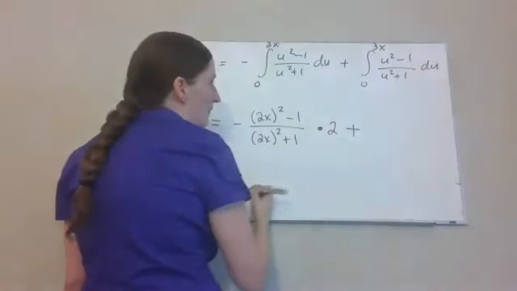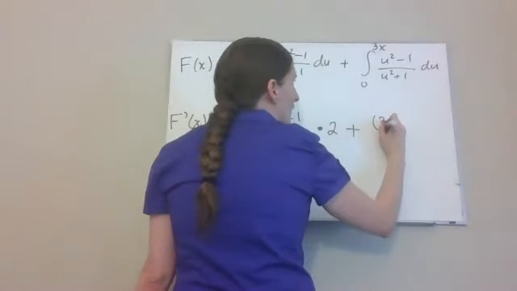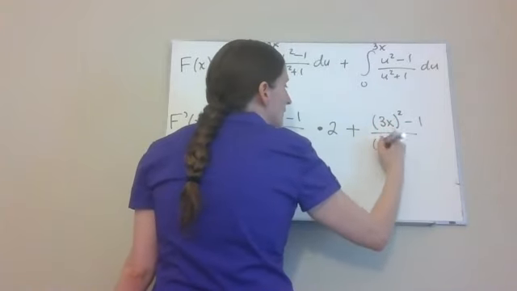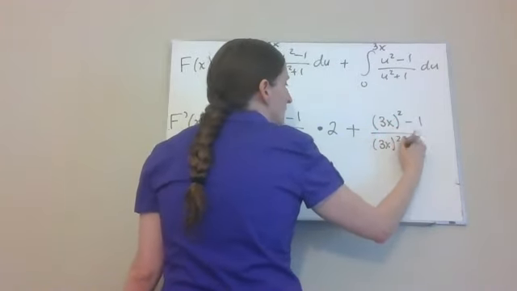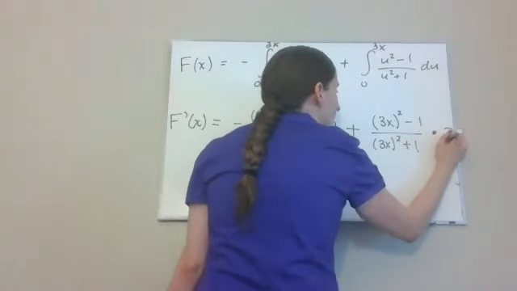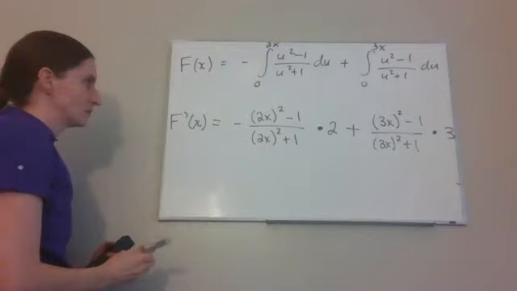And then I do the same thing with the next integral. I plug in that 3x for all of the u's, and multiply by the derivative of 3x, which is 3.